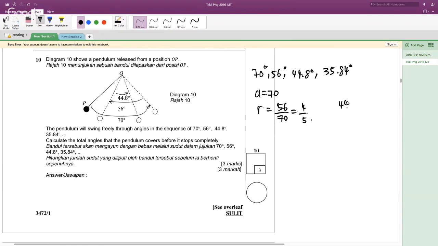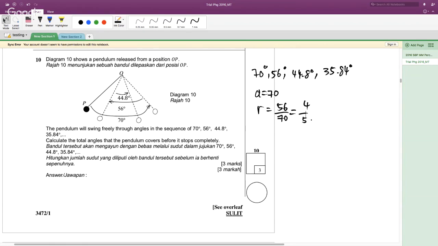So I'm trying to use 44.8 divided by 56, and I get 4 over 5 as well. That means I know my R is confirmed correct already, which is 4 over 5. Right, my 4 doesn't look so nice. Let me just rewrite it again. 4 over 5. All right, so I have this one already. Now the question asks me to calculate the total angle that the pendulum covers before it stopped completely.